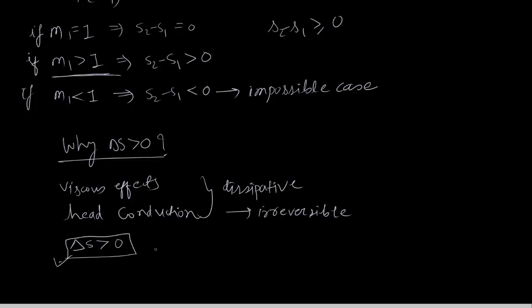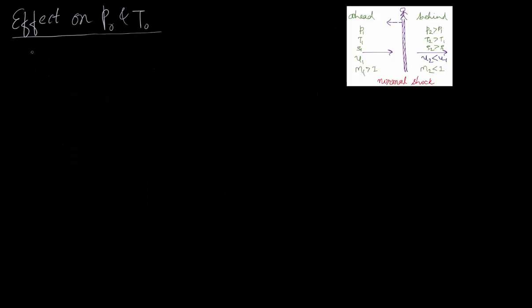Now next we will consider the effect of a normal shock wave on total pressure and total temperature. Now let us first consider the energy equation, which is H1 plus U1 square by 2 equals H2 plus U2 square by 2.